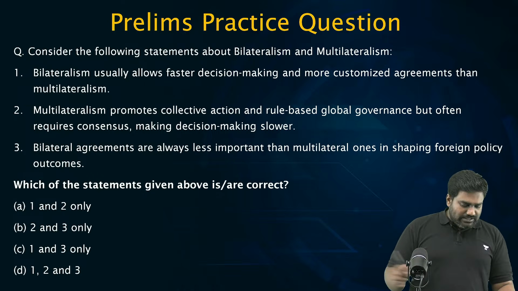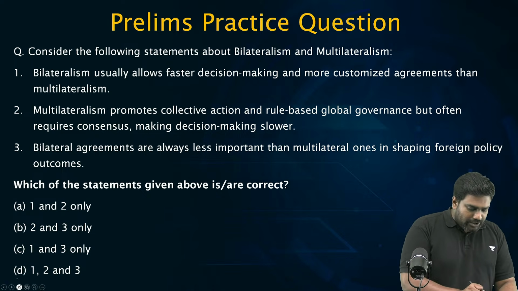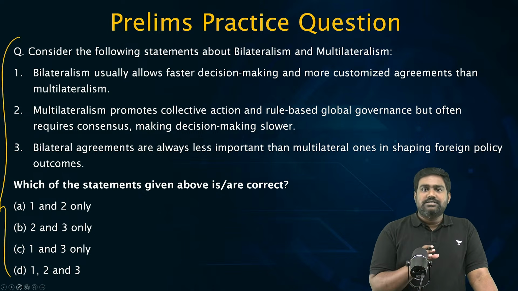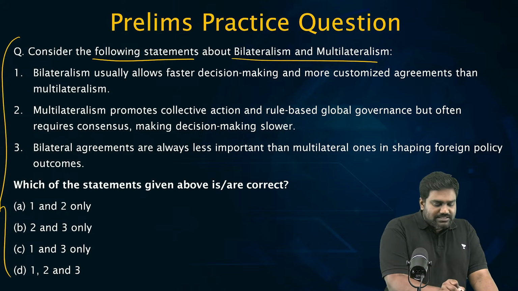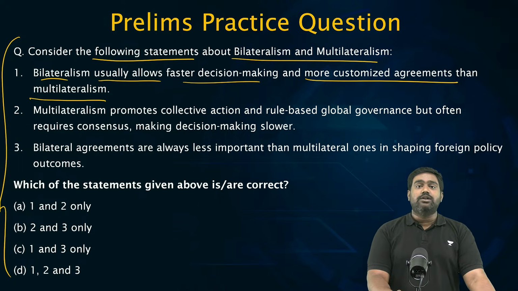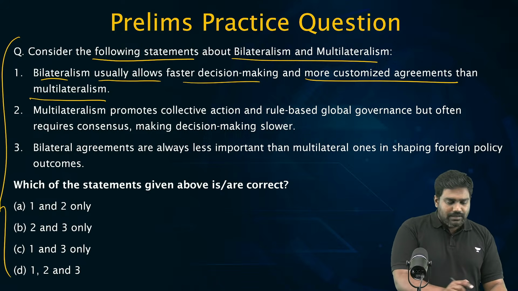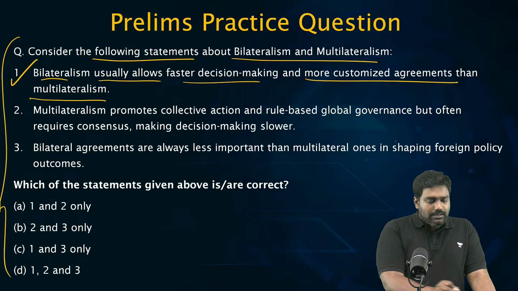Now, let's look at the prelims question. Please concentrate on this question. Something like this can come in the exam. Consider the following. Bilateralism usually allows faster decision making and more customized agreements than multilateralism. Obviously, correct statement. I just explained the same concept.